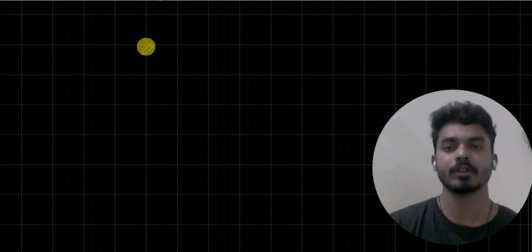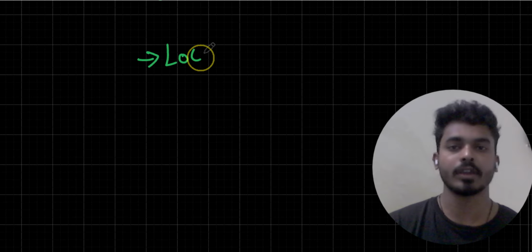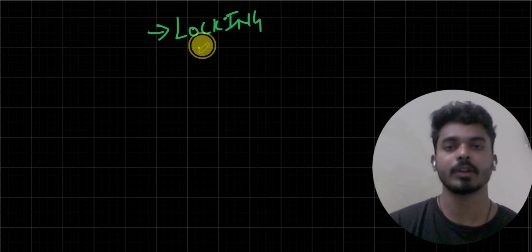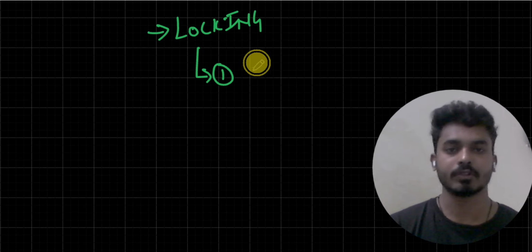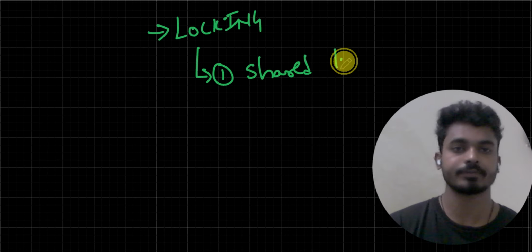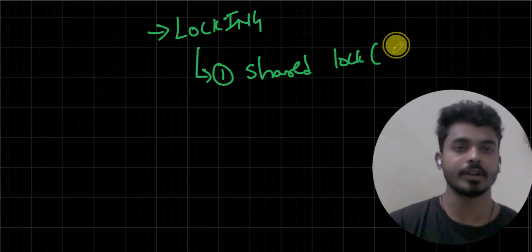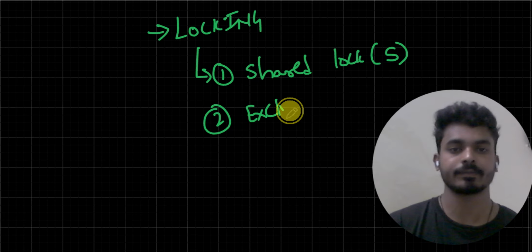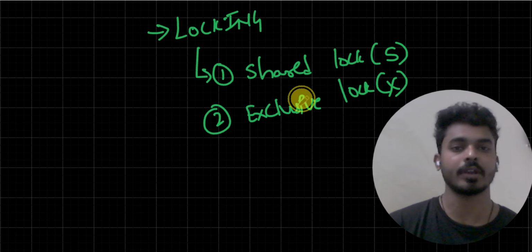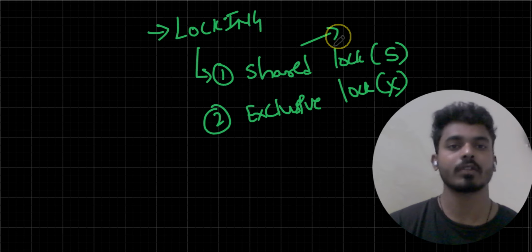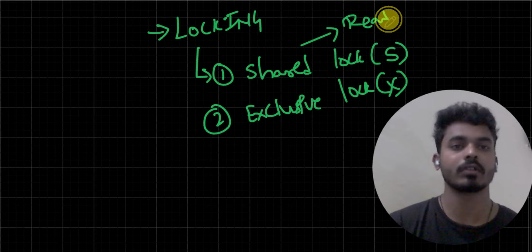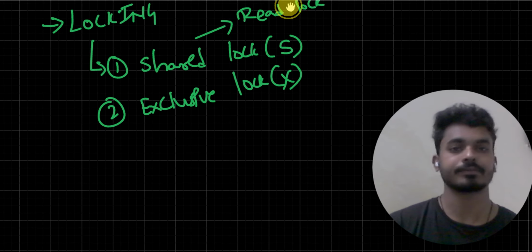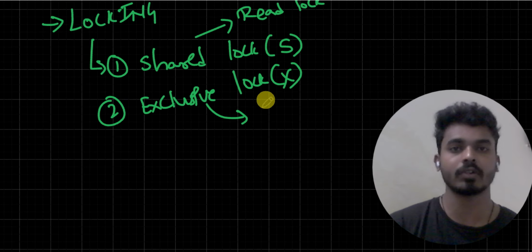After completing that, we will move forward to locking. In locking, there are mainly two types. The first one is the shared lock, denoted by capital S, and the second one is the exclusive lock, denoted by capital X. A shared lock is also called a read lock, and an exclusive lock is also called a write lock.